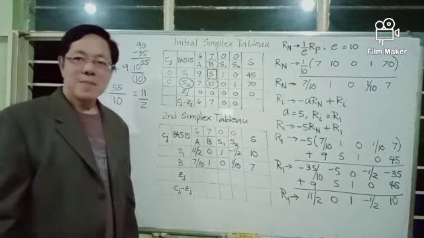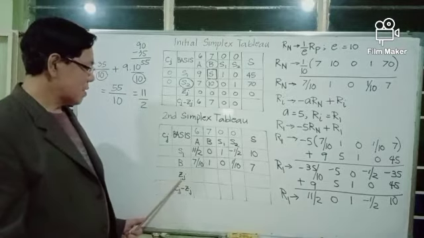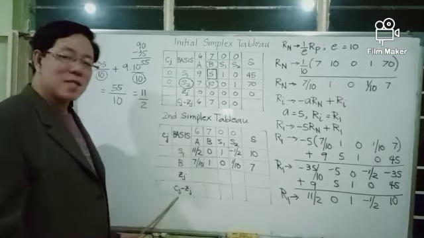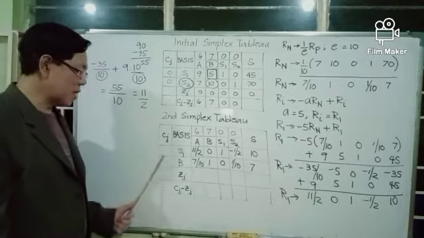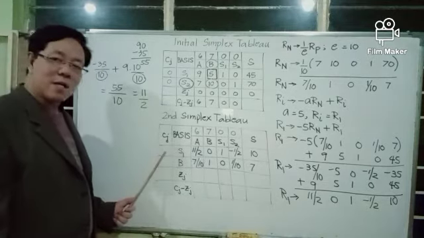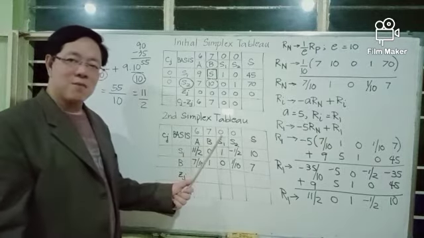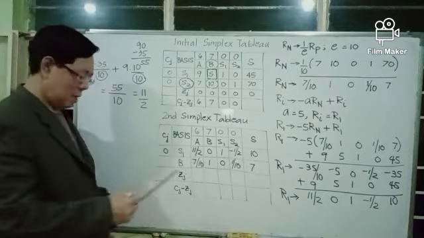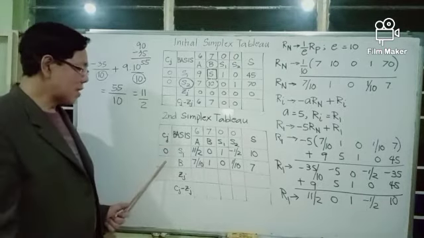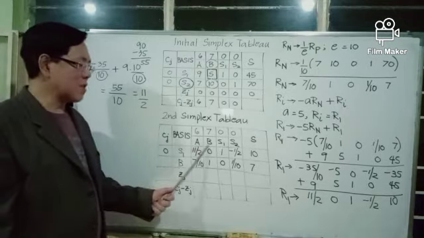Now we are to find the entries of C sub j and C minus C sub j. First, the entries of C sub j column. The entry here is the coefficient of S1, the first slack variable in the objective function, 0. And the entry here is the coefficient of the decision variable b in the objective function.